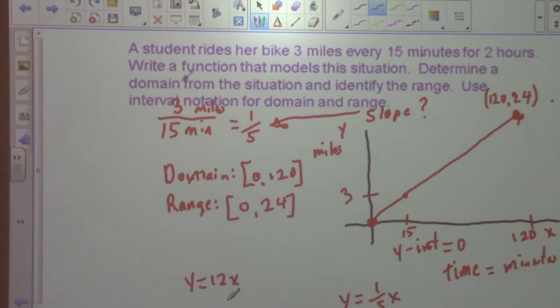What does that mean? This one here is in miles per hour, see? You went, this one here is miles per minute. That's where we went, but you could also do this in miles per hour.